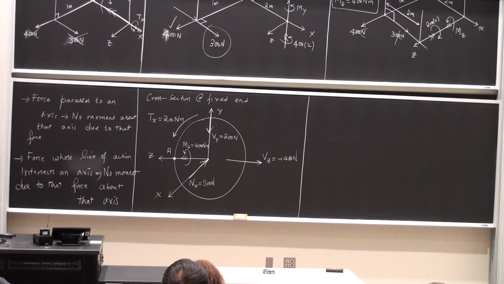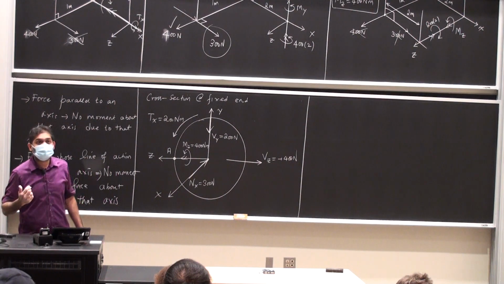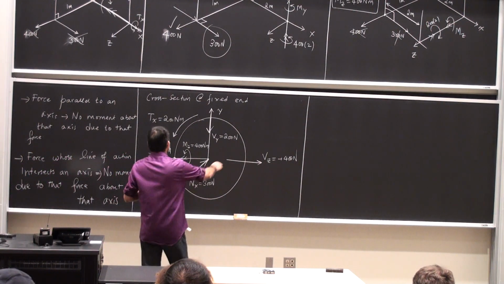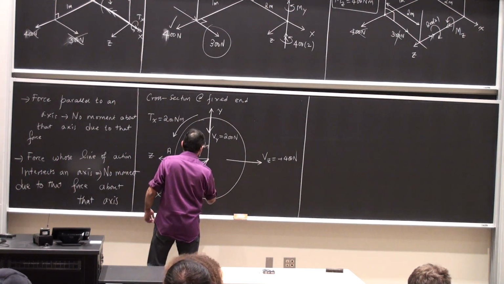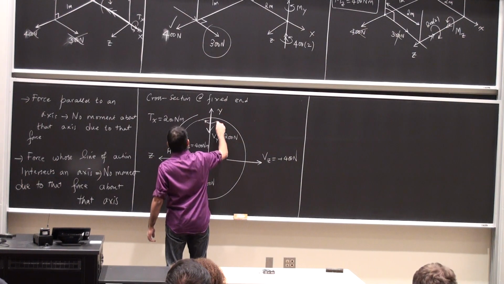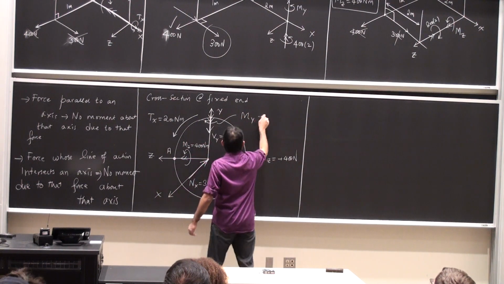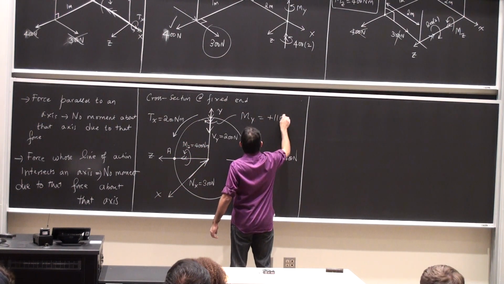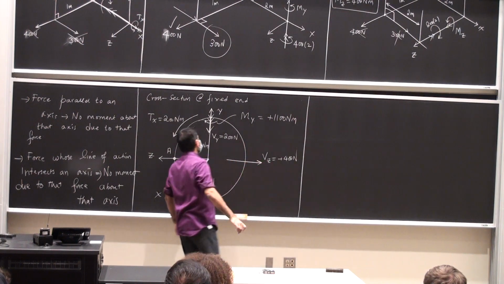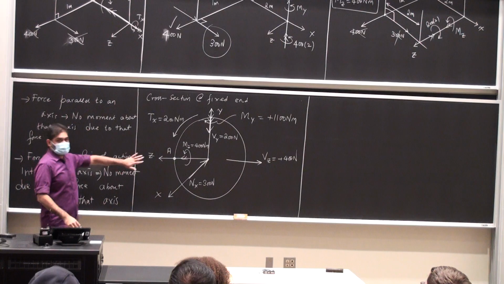And then My was minus 110 Newton meters, or 110 Newton meters along the negative y. Okay, so I'm going to be drawing it somewhere down here. Does my figure make sense to everyone?